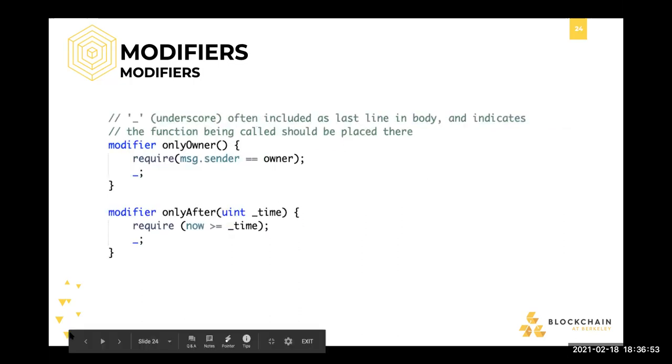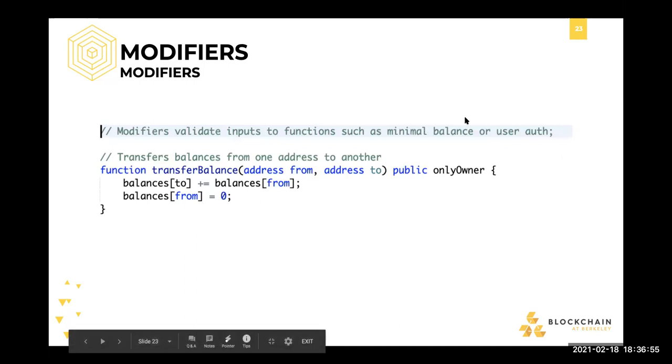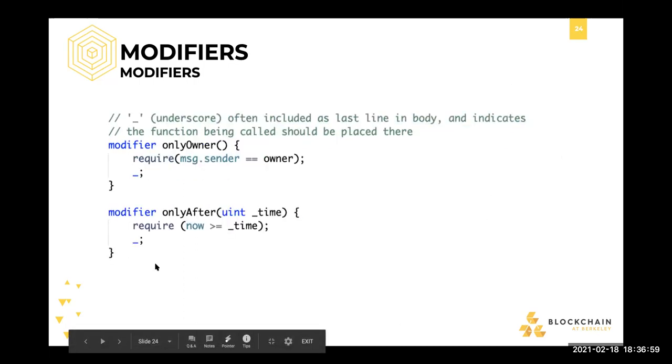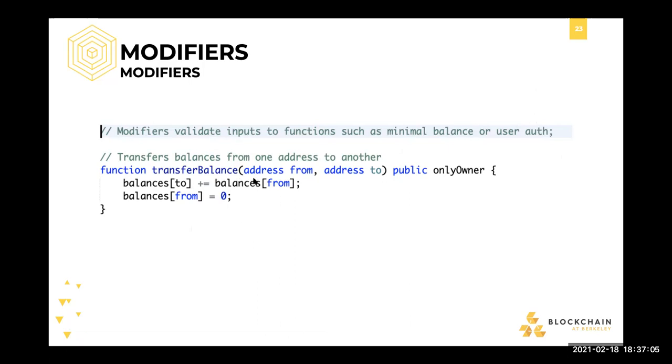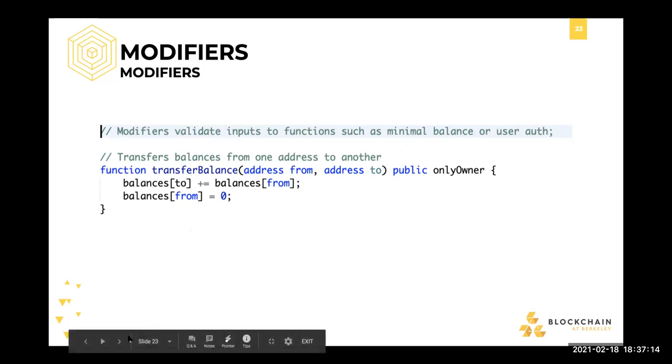So balance[to] plus equals balance[from]. You're transferring balance from into to, and then you set balance[from] to 0.